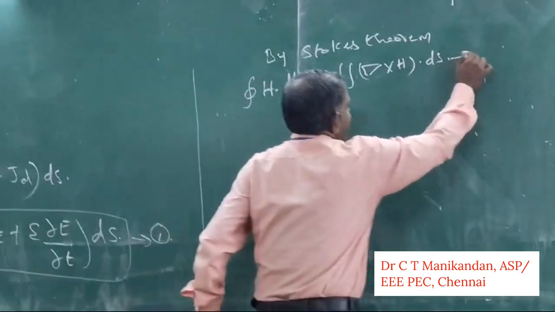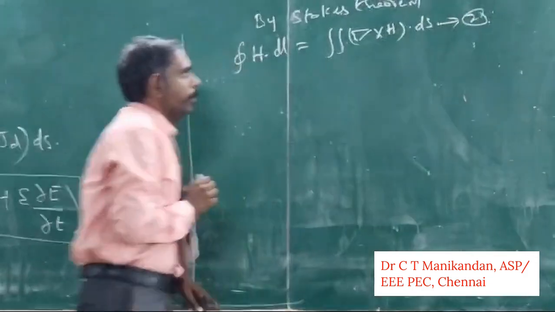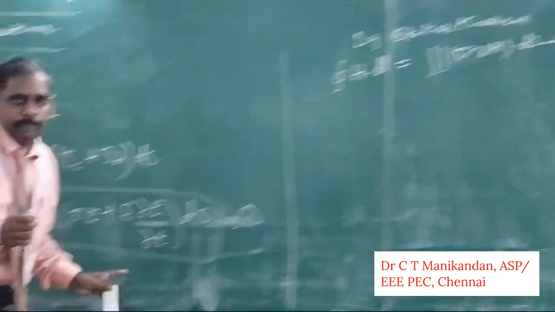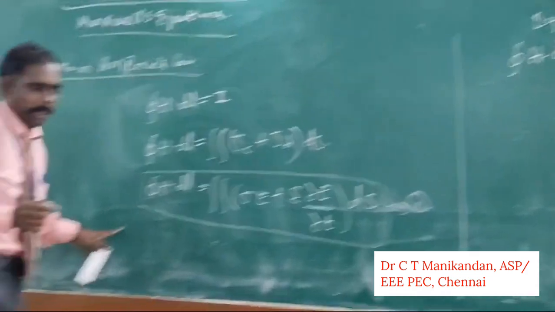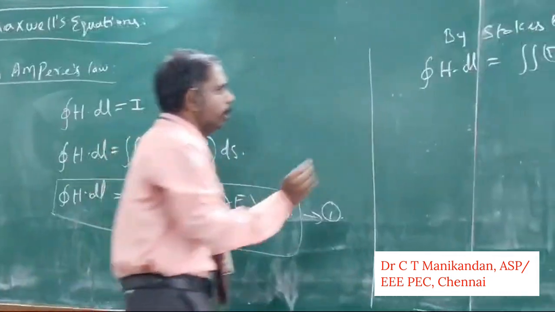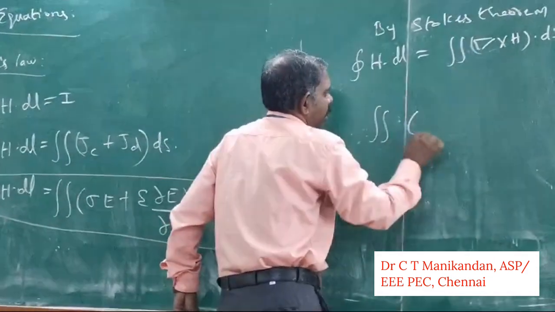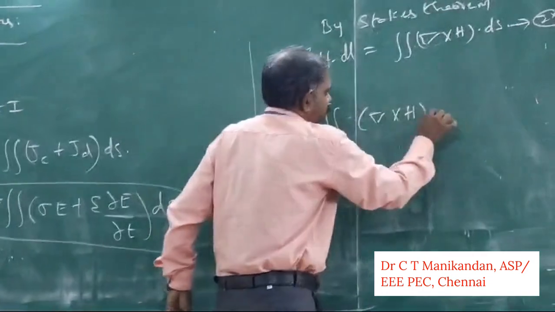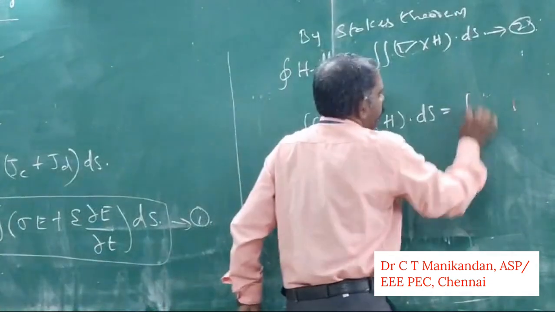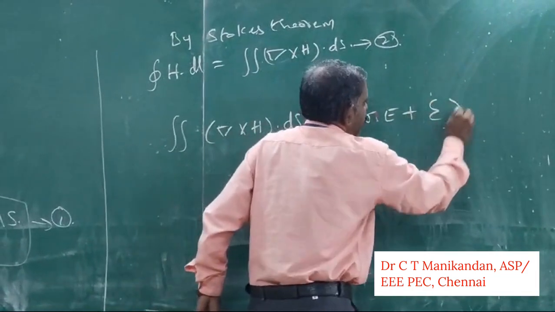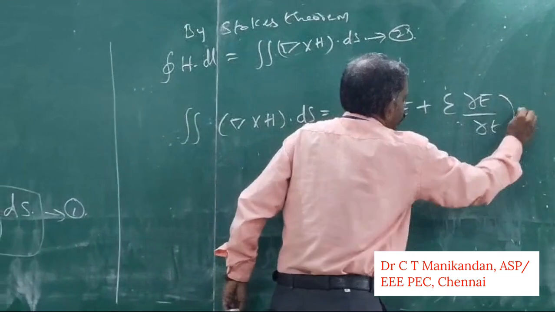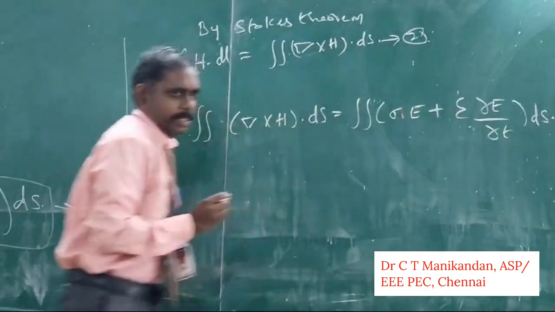Now we take this as equation number 2. Compare equations 1 and 2. So surface integral of del cross H dot ds equals surface integral of (sigma E plus epsilon dou E by dou t) dot ds.